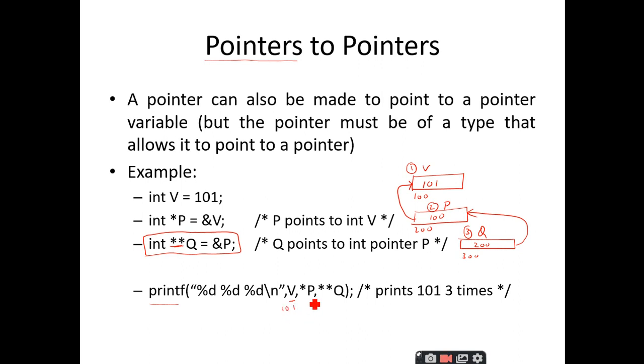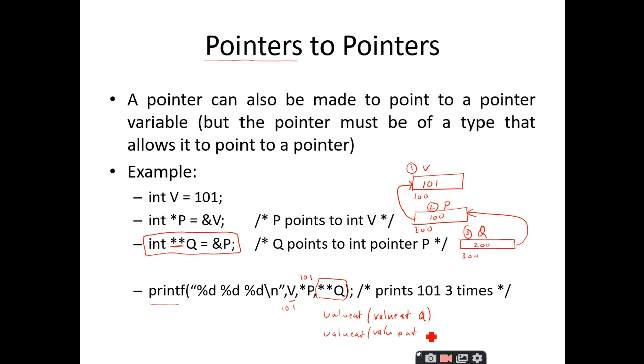101, sir. 101. What is the value at p? The value of p is 100, but value at p means value at 100. What is the value at 100? 101, sir. 101. Now look at this new syntax. Value at 100 can be written as value at q.